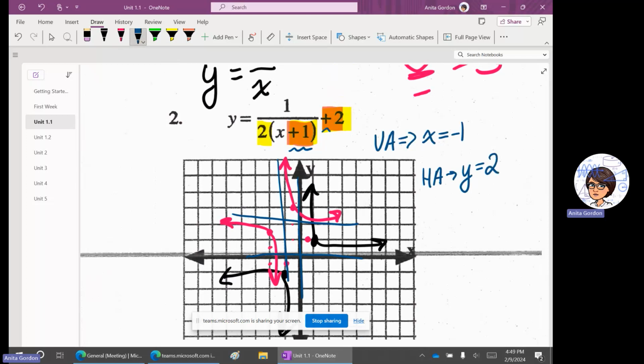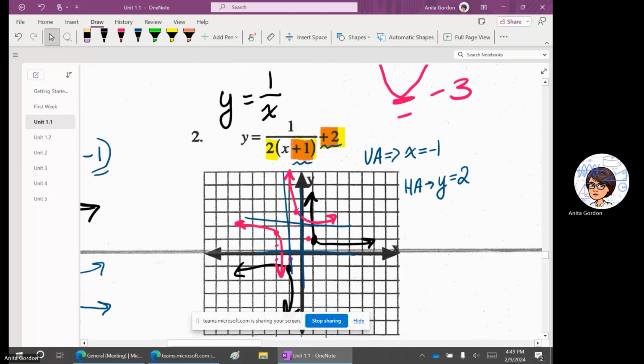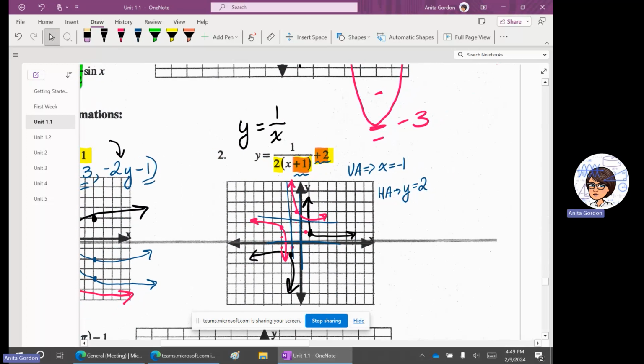A really nice way to see where your asymptotes are is look at where your translations are, left, right, up, and down. So black graph compared to pink graph, original versus translation. You can also think of it in mapping notation. If my original point's x, y, what did I do to them?